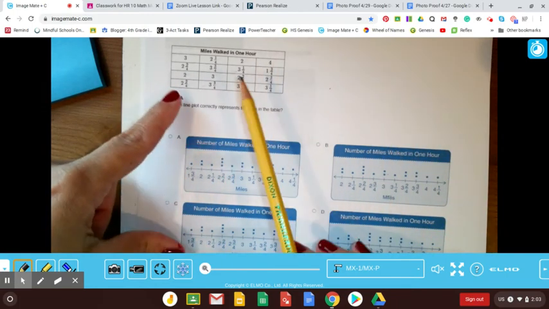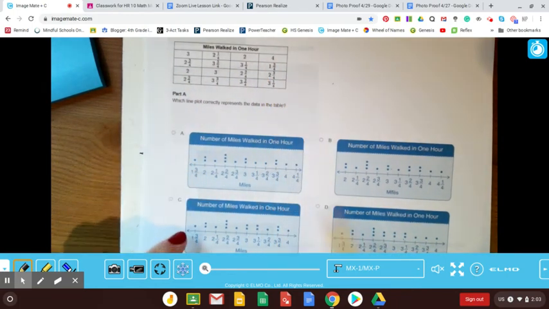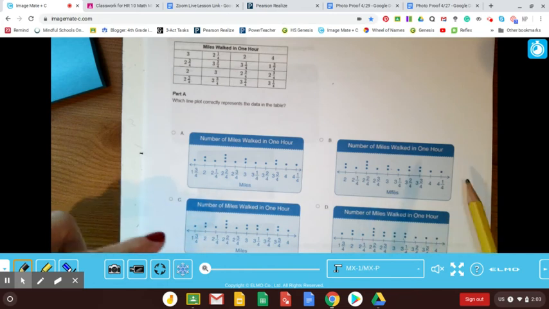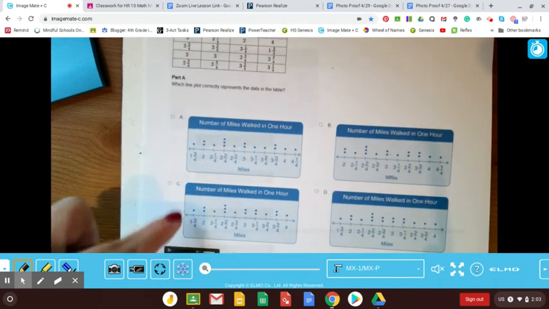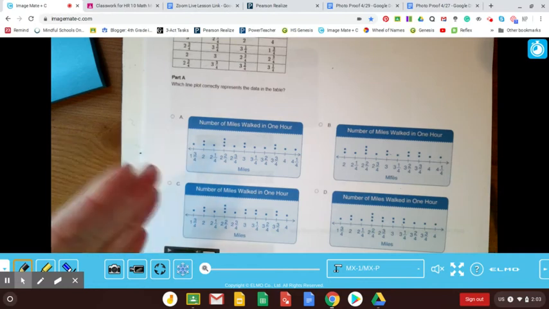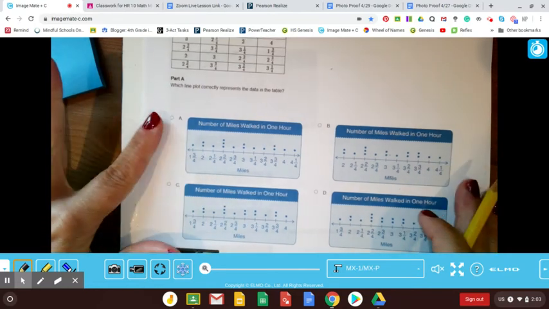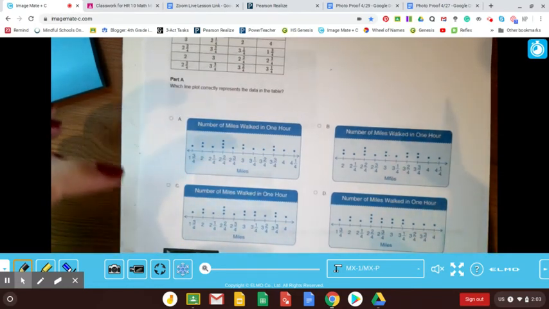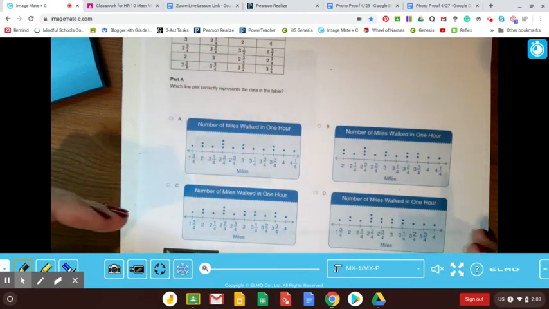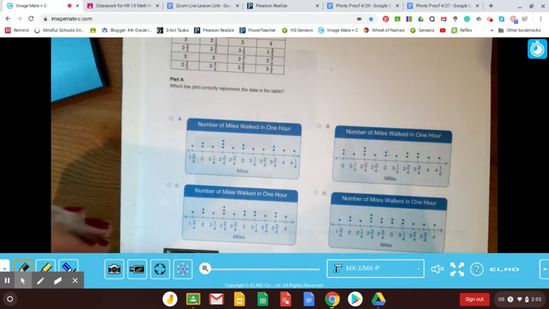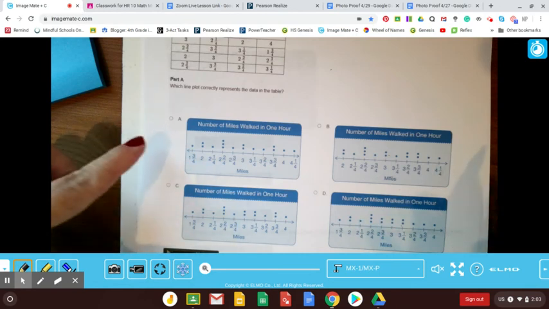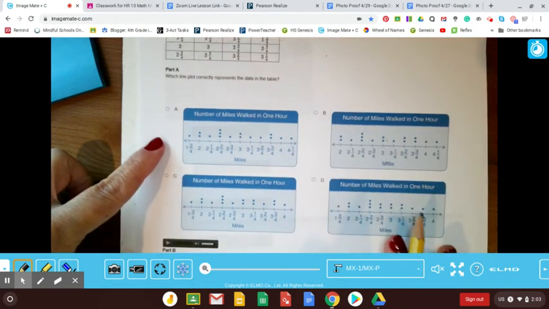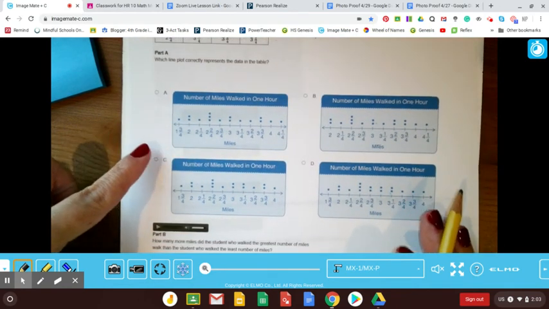Or you can take this data set and look at these and try to figure out by process of elimination which ones are incorrect. And then in the end, you'd be left with the one that is correct. Either way is fine. Drawing your own line plot will take a lot longer, but it might be worth it in the end. So you're going to figure out which one is the correct line plot.